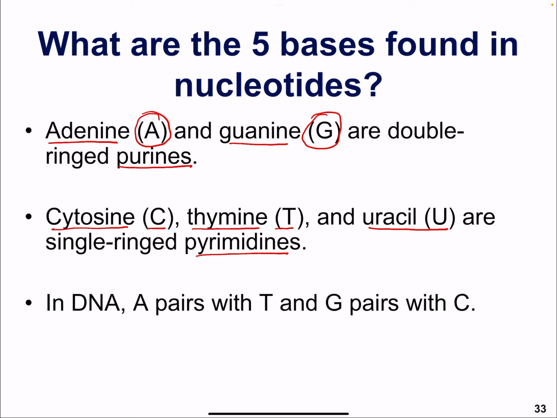Now, as we look at DNA versus RNA, DNA is going to comprise adenine, guanine, cytosine, and thymine, where DNA is a double-stranded molecule in which A always pairs with T, while G always pairs with C. On the other hand, RNA, which is a single-stranded molecule, is going to have adenine, guanine, cytosine.